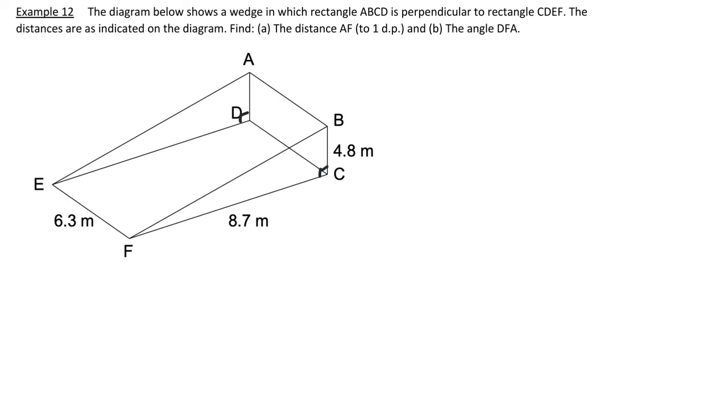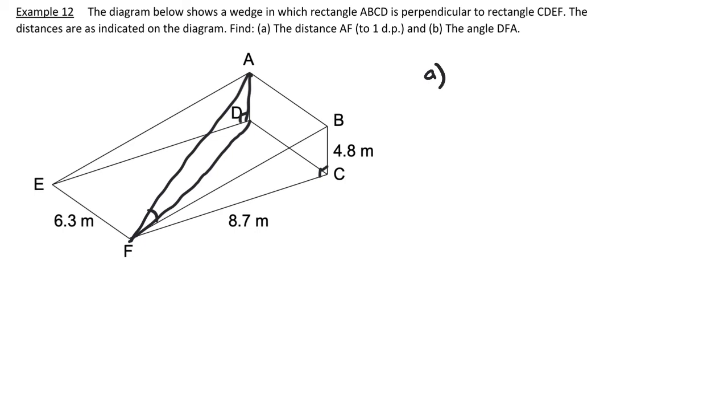So what we've got is we're going to be looking for this length DF and then eventually the angle leading to that. Now to work out DF, so to work out the distance AF, what we can do is consider this to be the diagonal of a cuboid.